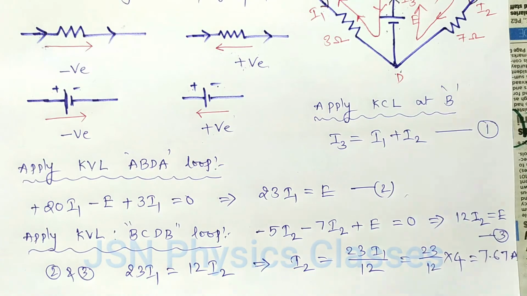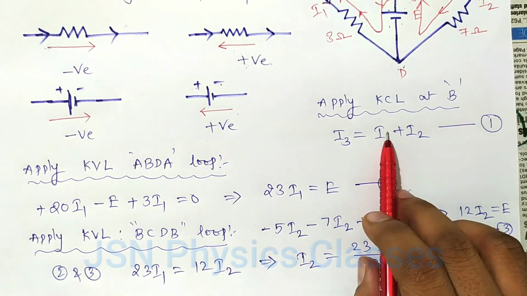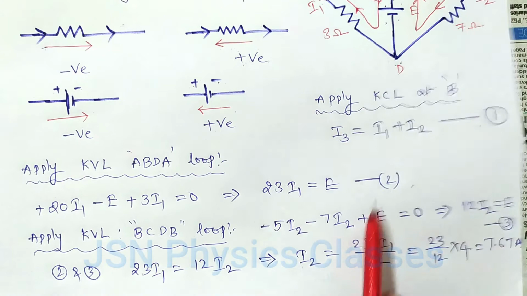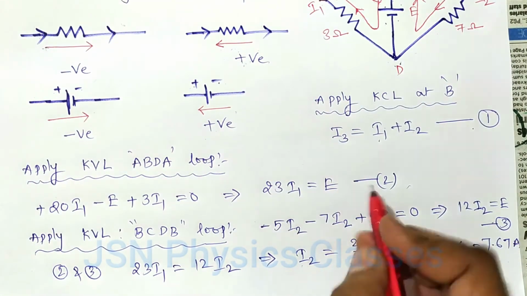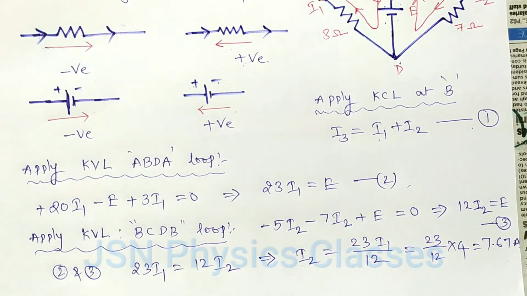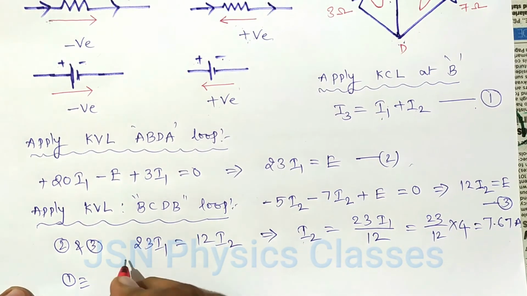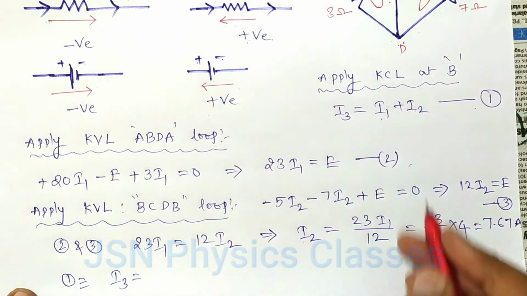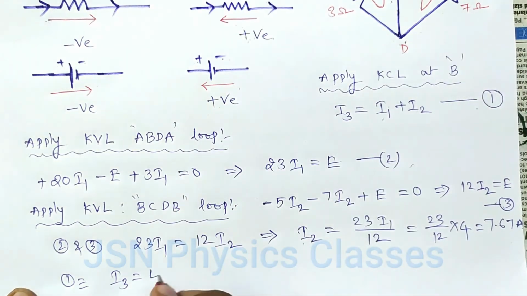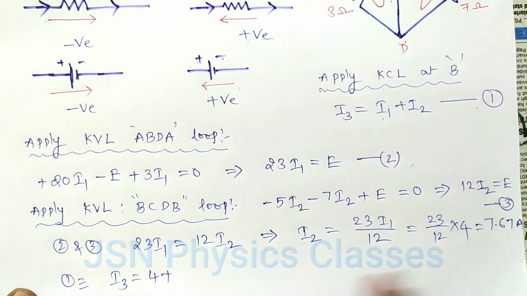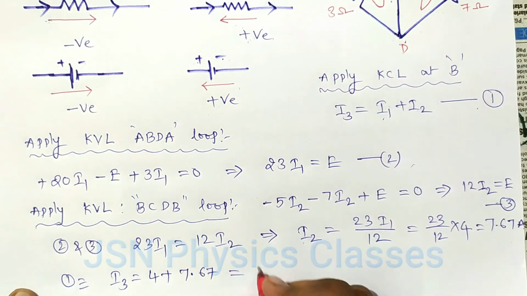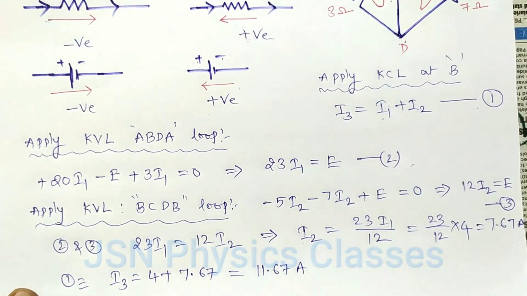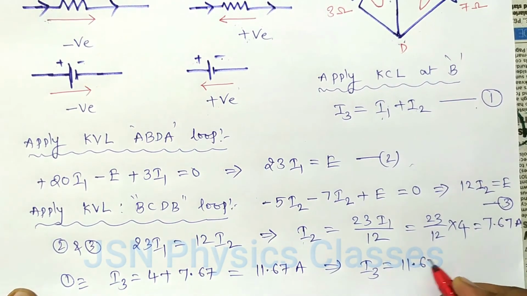We know I1 and I2, so we can calculate I3 from equation 1. I3 is equal to I1, which is 4 amperes, plus I2, which is 7.67, so I3 is equal to 11.67 amperes.